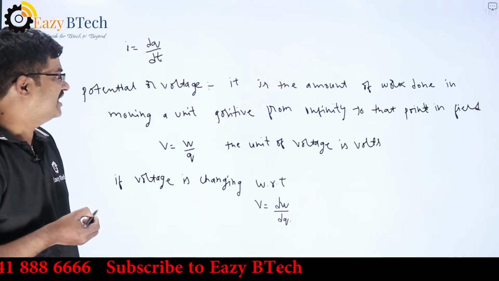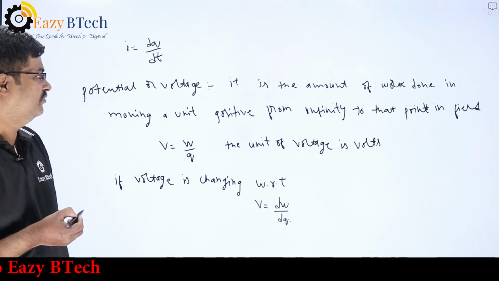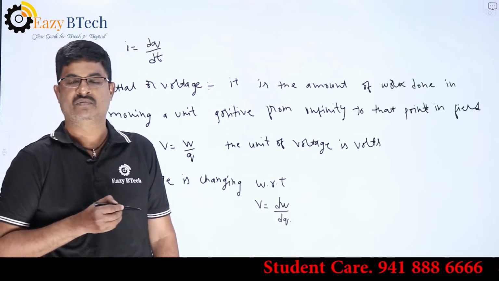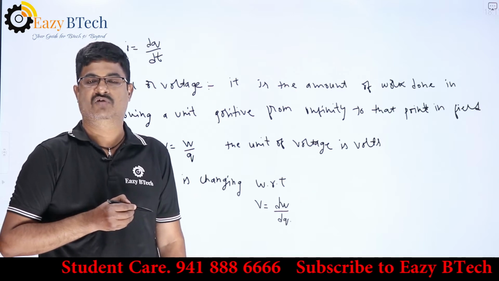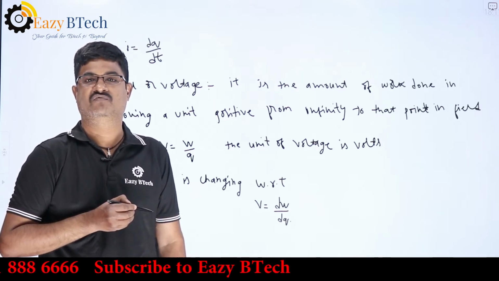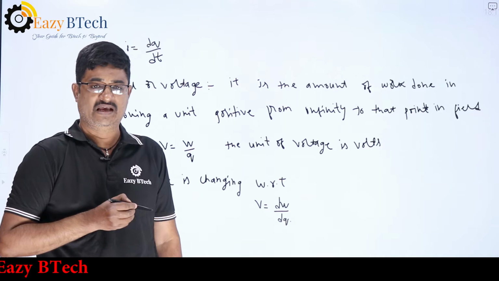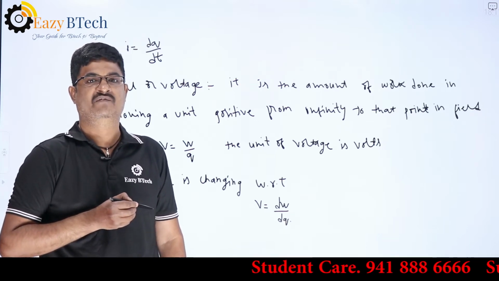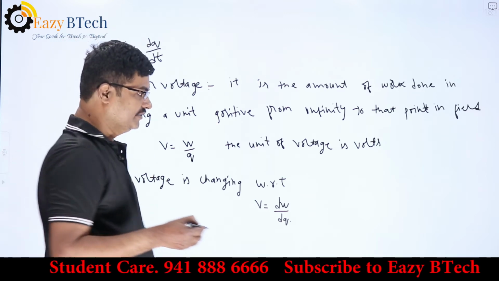So potential or voltage is the amount of work done in moving a unit positive charge from infinity to that point in the field, V is equal to W by Q, and the unit is volts.